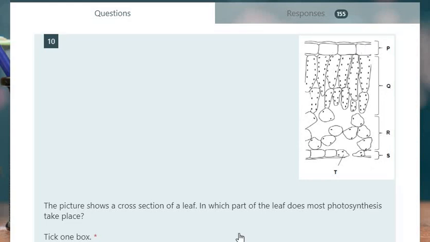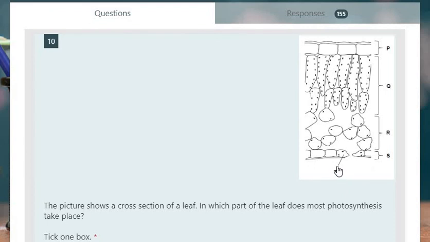The next question asks you to identify what T is. Quite a few people chose stoma, and I can understand why, because this here is the stoma, or stomata in plural. So the stoma itself is the hole. You'll come across the word stoma meaning holes in other things as well, like if someone's had a tracheostomy put in their throat, they could have a hole there, that it's called a stoma as well.